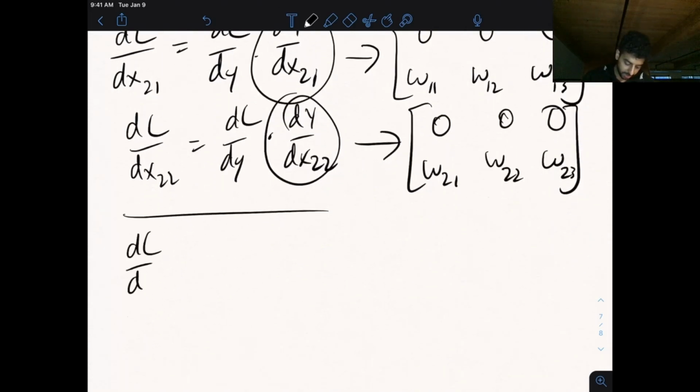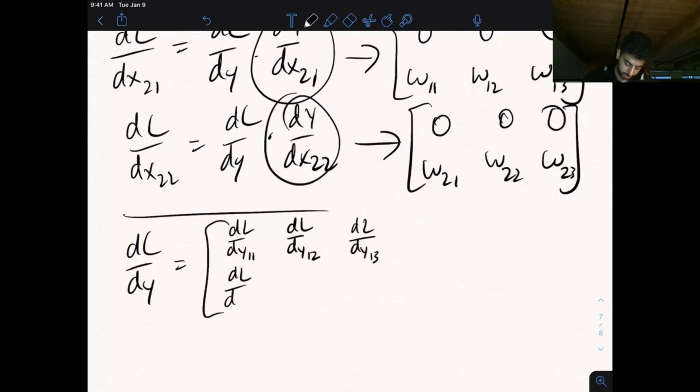Remember that we're given this, so we can also just break this down into a bunch of different elements. dl dy11. Remember, this is going to be a 2 by 3 matrix because y is a 2 by 3 matrix. This one is 2, 1.